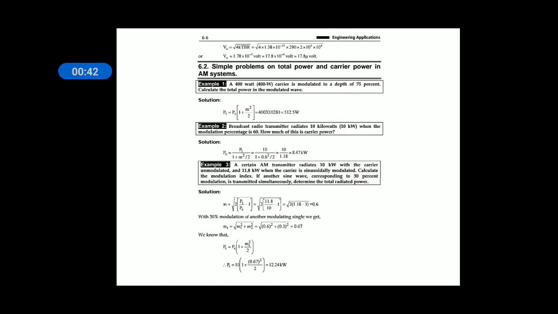In the earlier class, we solved some problems on noise, that is signal to noise ratio, noise figure, noise temperature, noise voltage, shot noise current, and some problems, right?